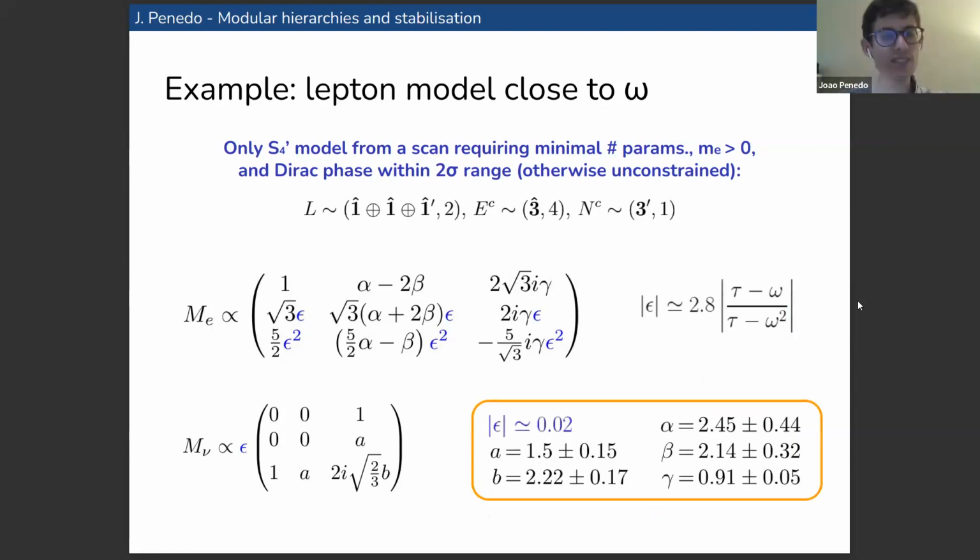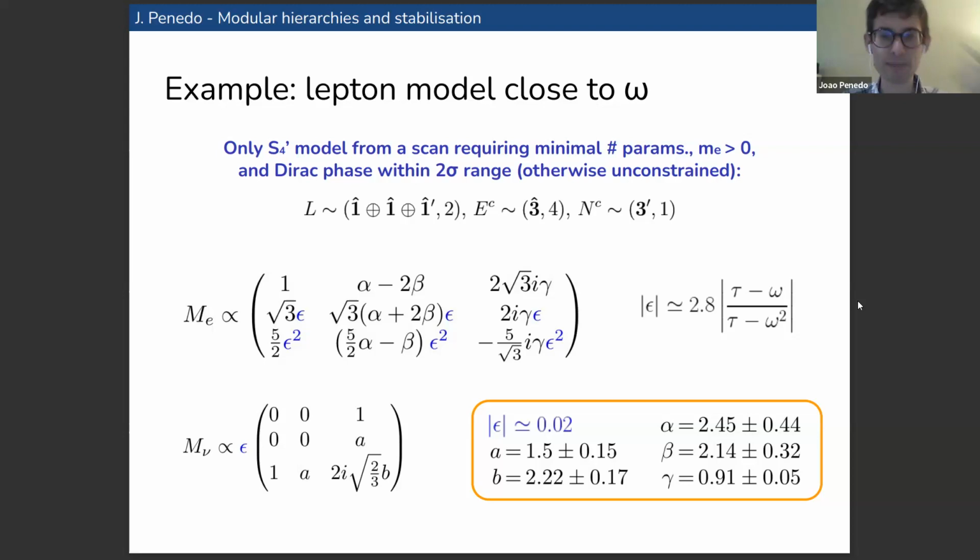These constants A, B, alpha, beta, gamma, they are not hierarchical, they are order 1. Another sense in which they are not fine-tuned is that you see they have rather large error bars, in the sense that if you vary them a bit, you will not spoil the agreement.